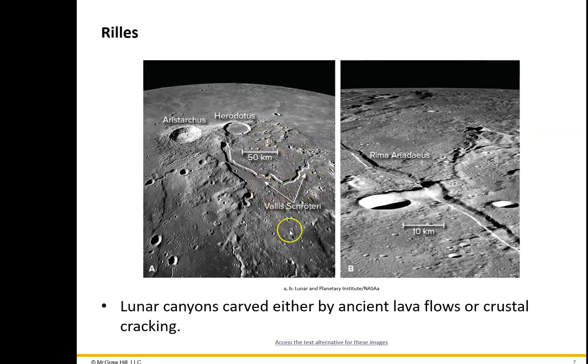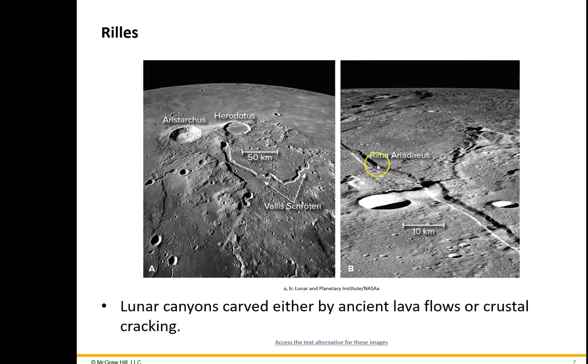So they call these rilles. These are areas that have been caused by lava flow, and anything caused by lava flow was formed long ago. The rilles are just these lines that we find on the surface of the moon.